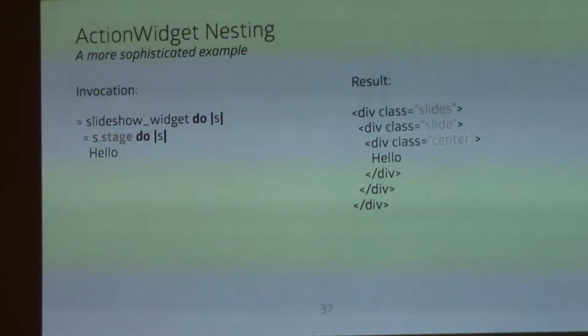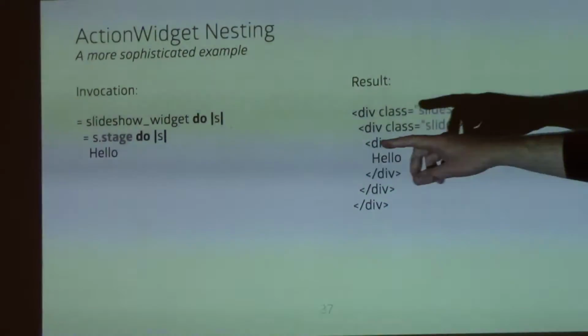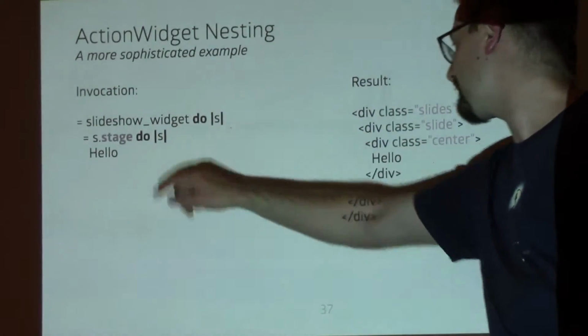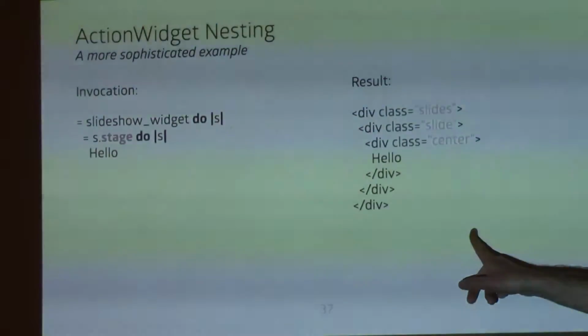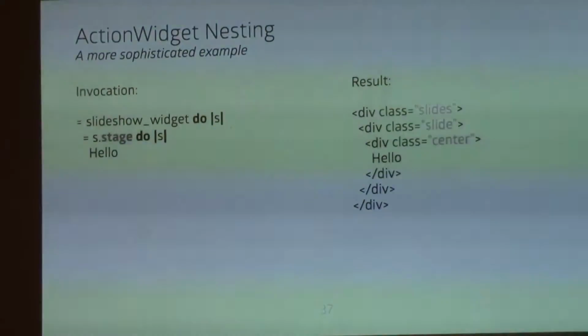And the way you would invoke the slideshow is you call the slideshow widget, and then you can use your helper method, and this would be the result as output.